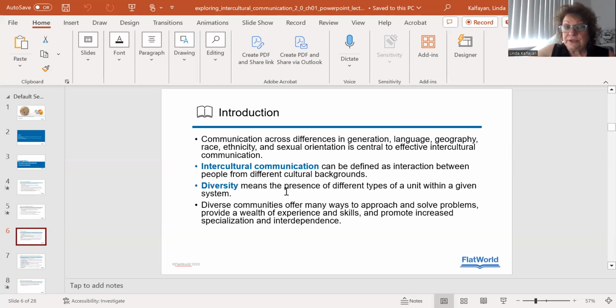And we love the word diversity, and it means the presence of different types of a unit within a specific system. So we can have diversity in demographics, different from urban to suburban to rural. Diverse communities offer many ways to approach and solve problems, provide a wealth of experience and examples, and promote increased specialization and independence.